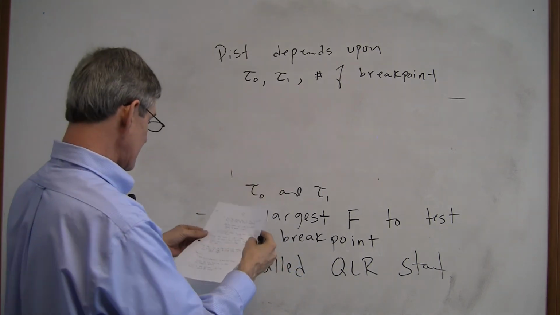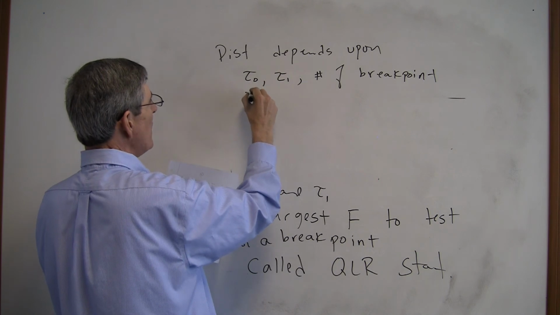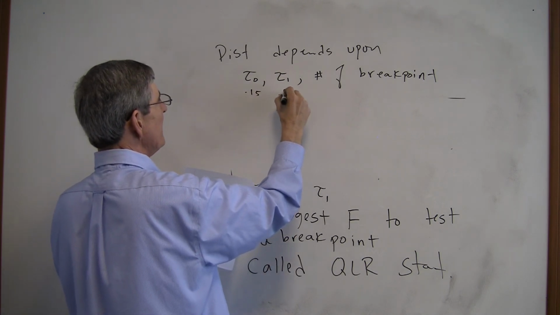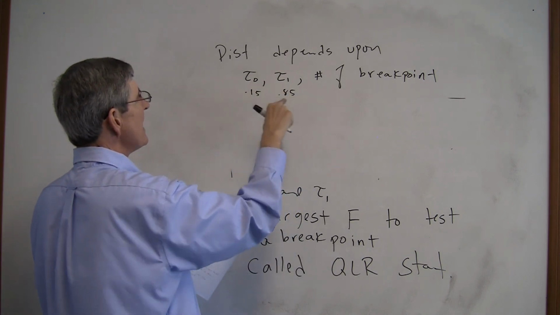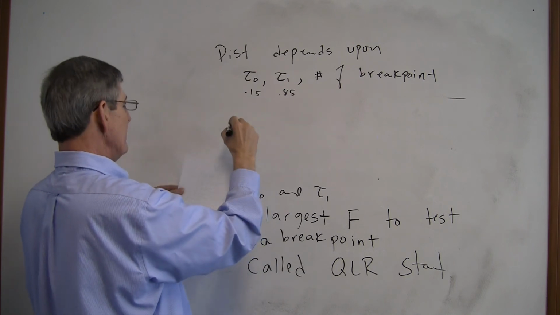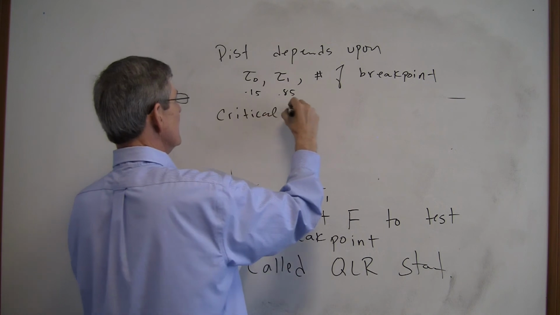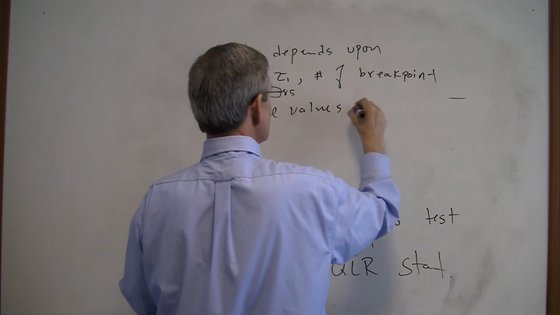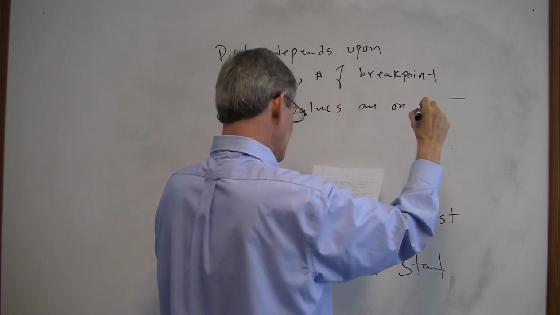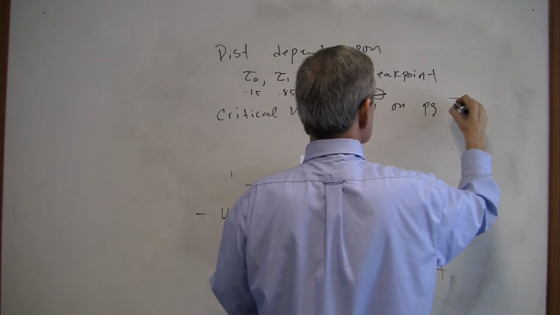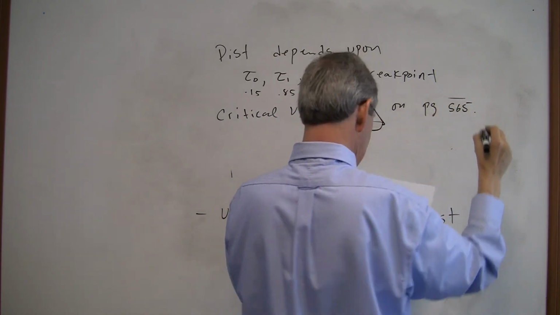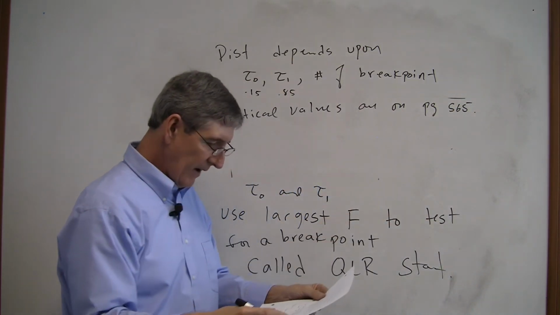If you assume that tau 0 is 0.15 of the data and tau 1 is 0.85, at those percentiles, then the critical values for the test are on page 565. It's table 14.5.